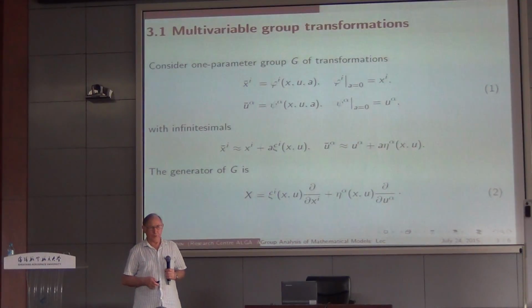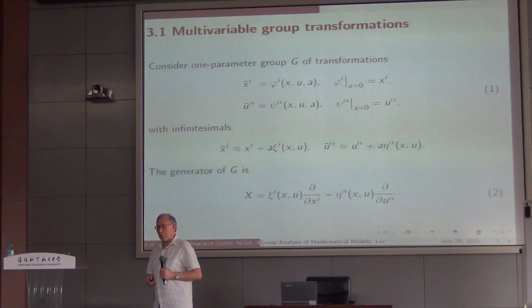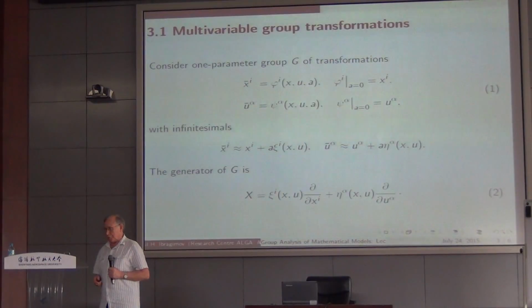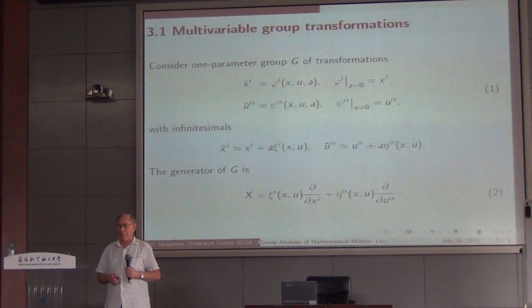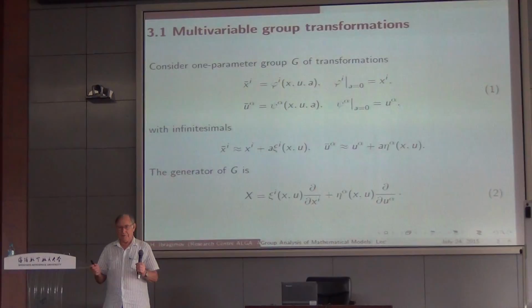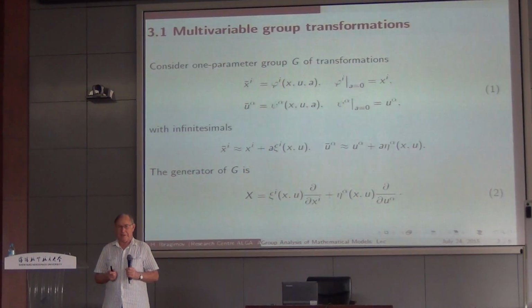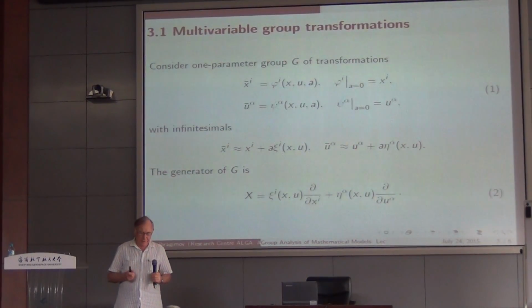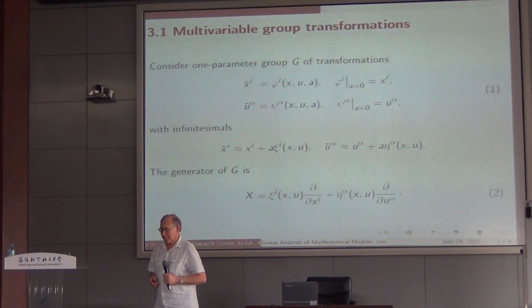Anyhow, in group analysis we are always dealing with so-called local groups, not groups. Local group means the group property is satisfied in a sufficiently small vicinity of the identity transformation.